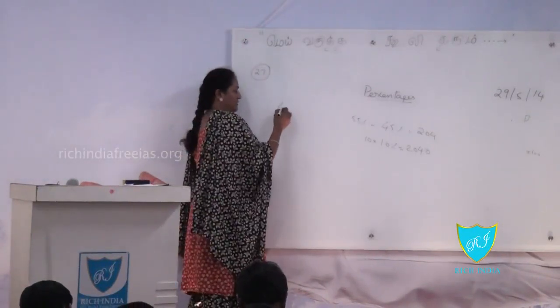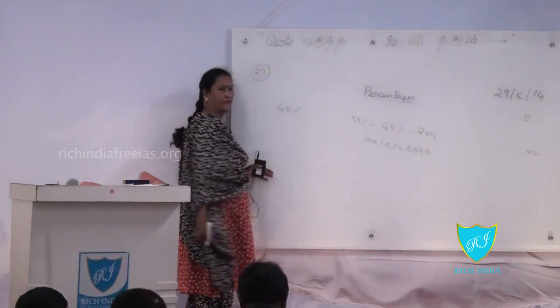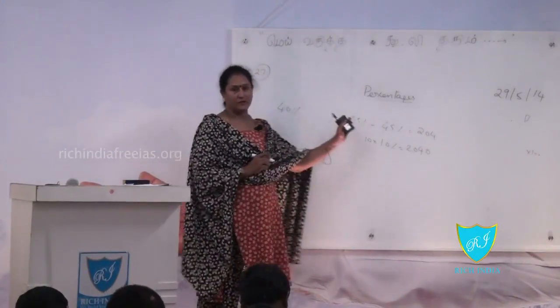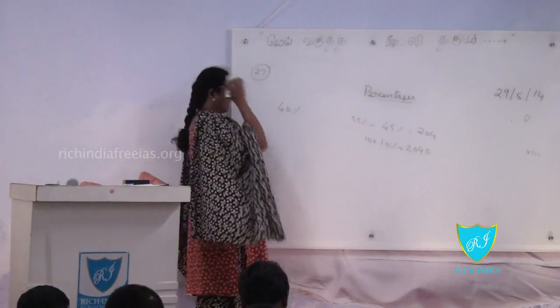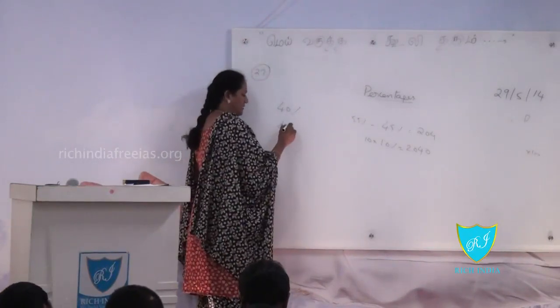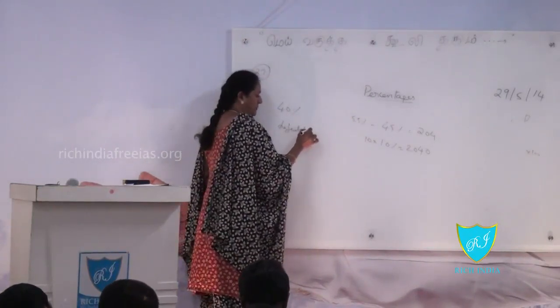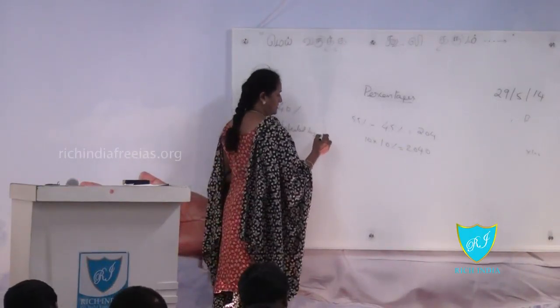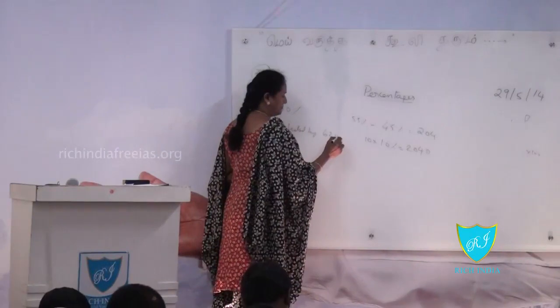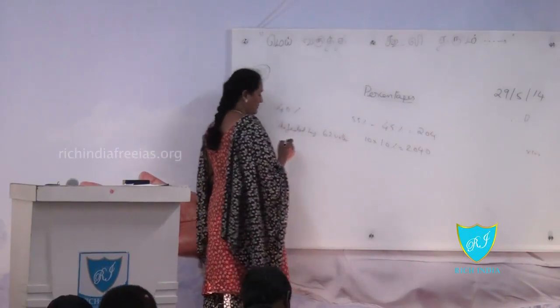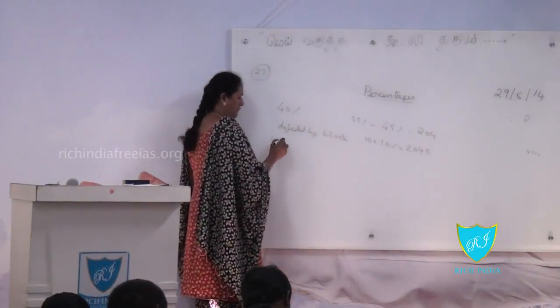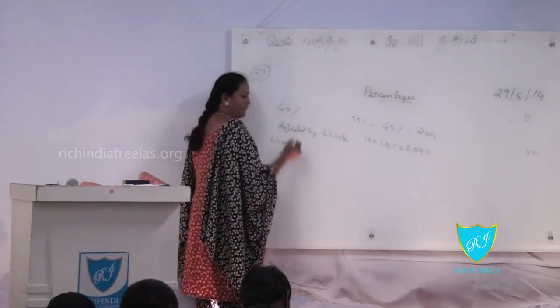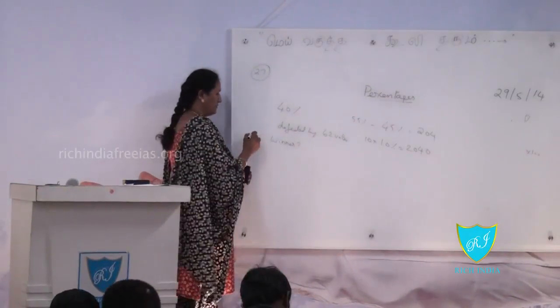I'll give you another question. Suppose a person gets 40%. So இது புரிஞ்சுதா? So a person gets 40% and he is defeated by 62 votes. Number of votes got by the winner. What will be now?